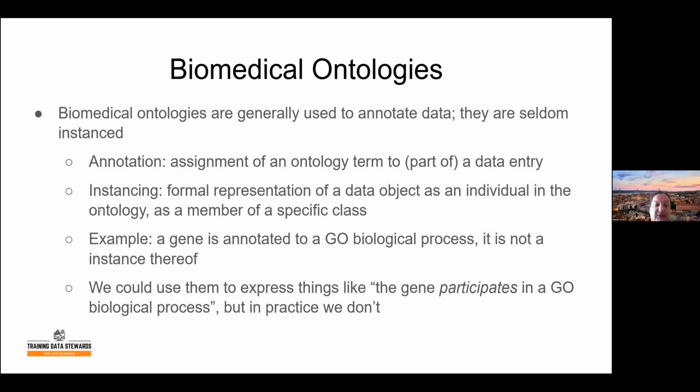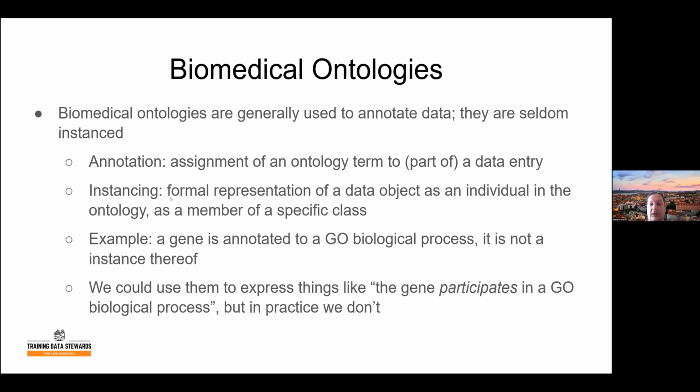So when you instance an ontology, you are essentially adding entities, individuals, to the ontology. You are creating what is now commonly called a knowledge graph, by describing entities in your domain as being members of your ontology. However, in the biomedical domain, this is seldom done.